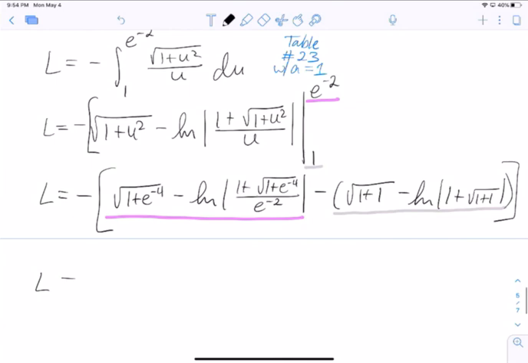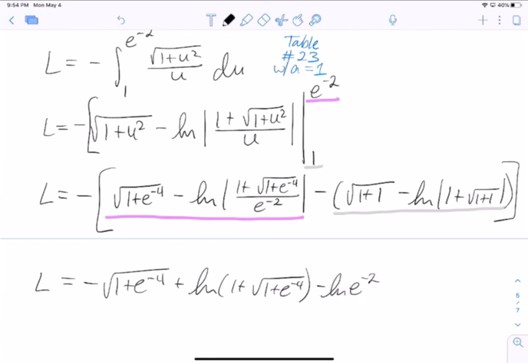So L is equal to negative square root of 1 plus e to the negative 4 plus the natural log of 1 plus the square root of 1 plus e to the negative 4. You'll notice I dropped the absolute value in favor of parentheses just because we didn't need the absolute value. And then we're going to have minus the natural log of e to the negative 2.